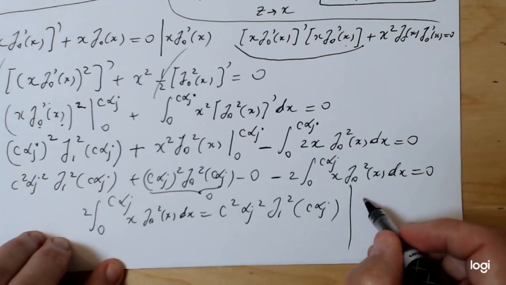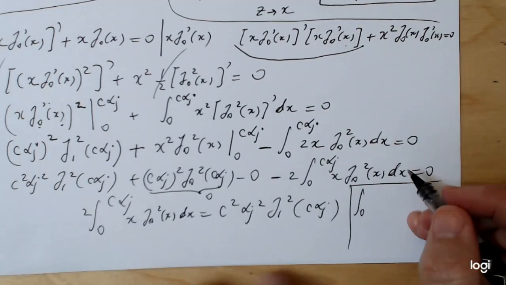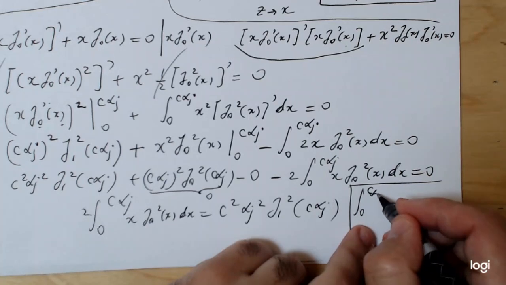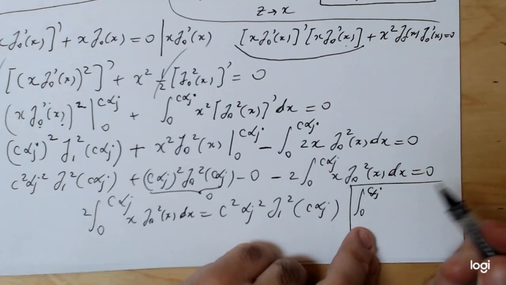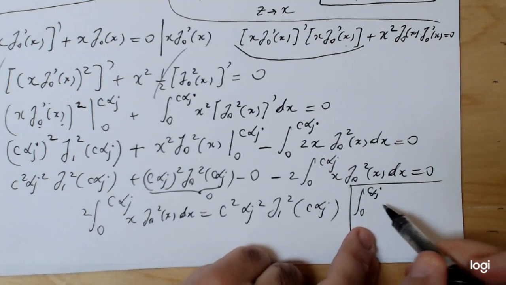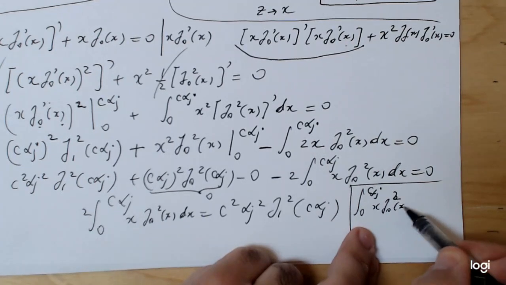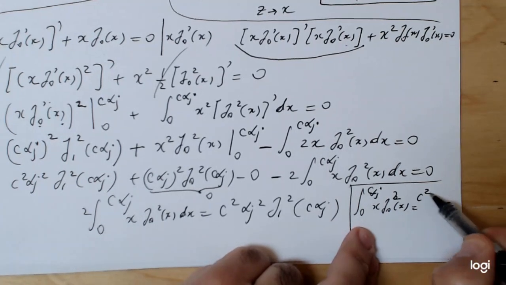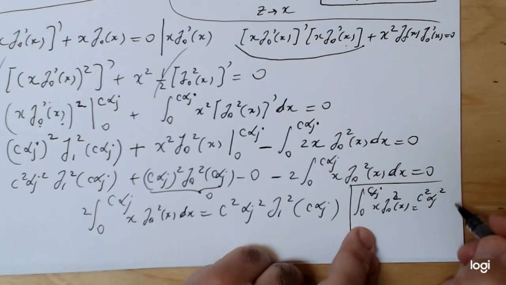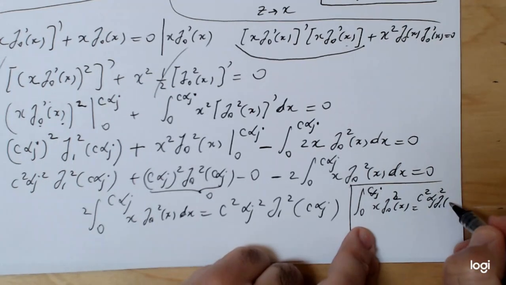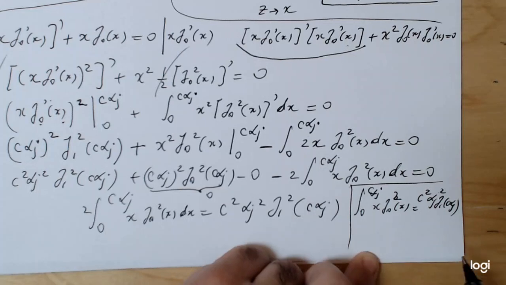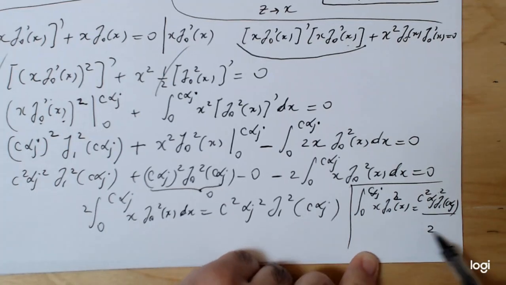Okay, so the integral from 0 to c alpha j of x J naught squared of x equals c squared alpha j squared J1 of c alpha j divided by 2.